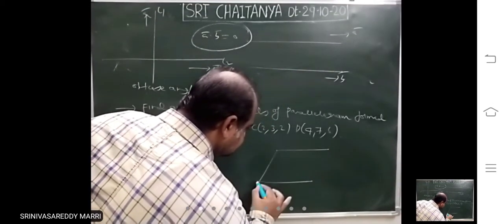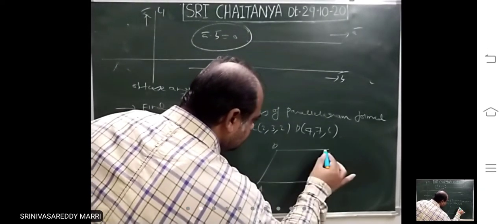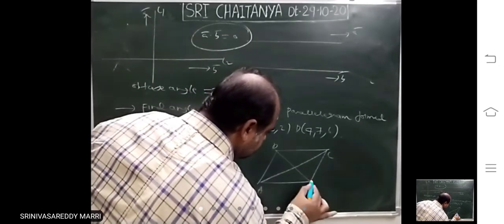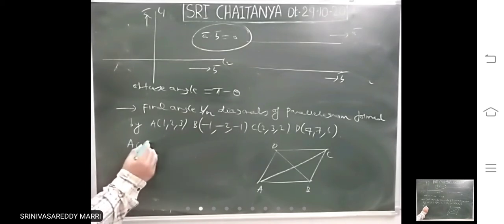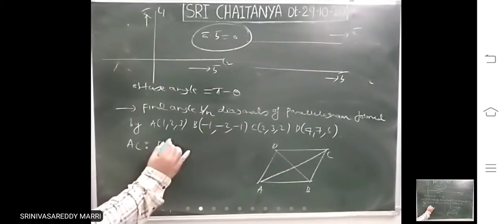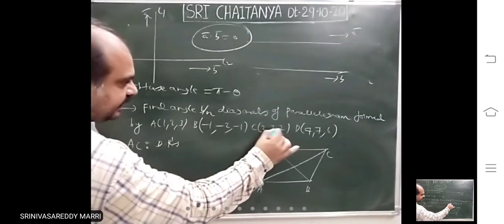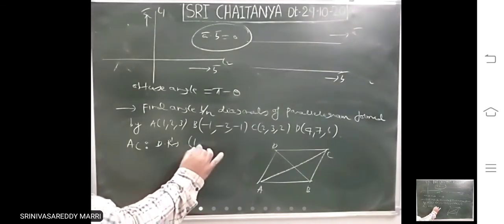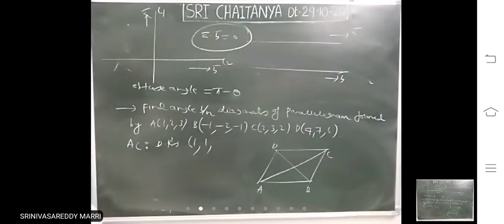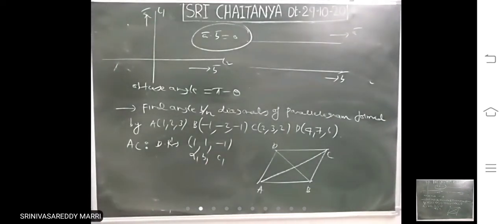Take the line AC. For calculating the DRs of AC, use x1, y1, z1 and x2, y2, z2. The DRs are 2 minus 1 which is 1, 3 minus 2 which is 1, and 2 minus 3 which is minus 1. This is one line: A1, B1, C1.